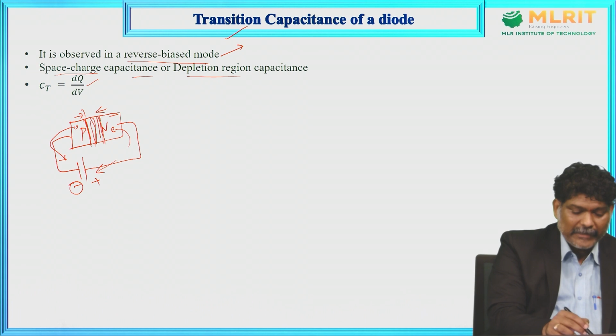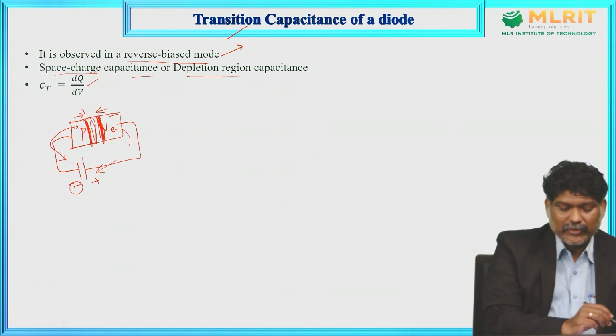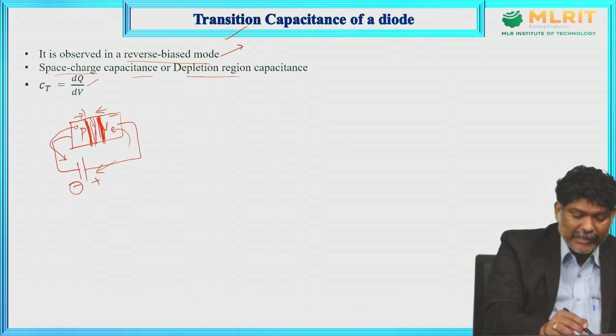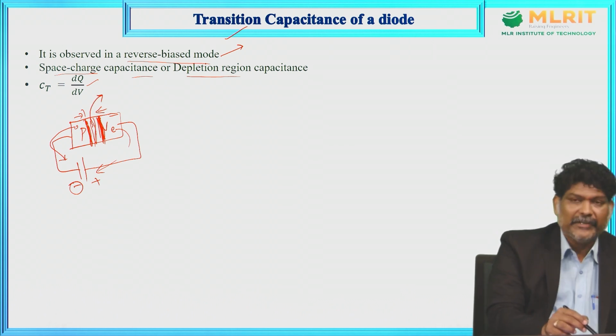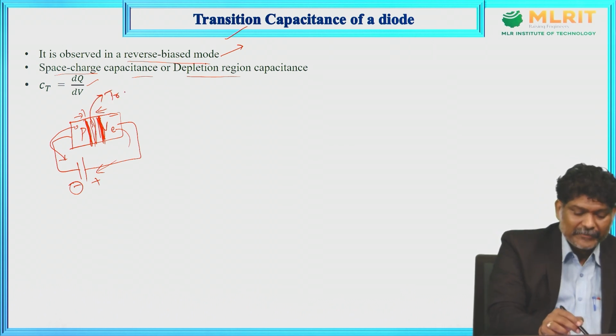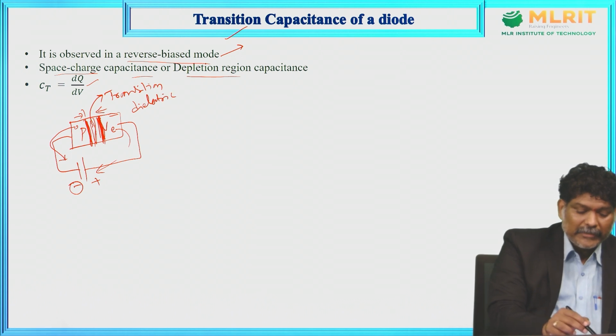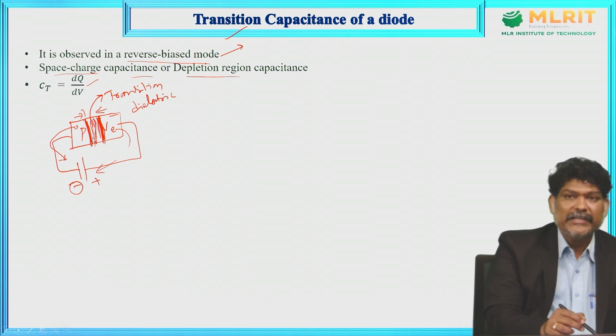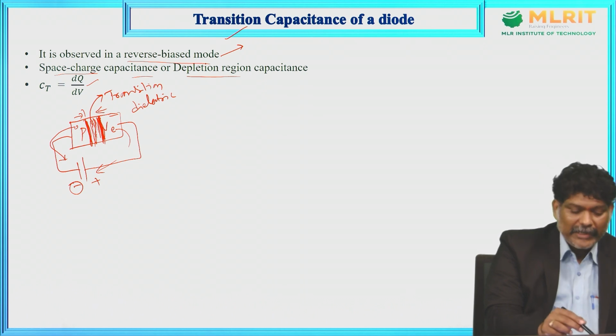The P type material and N type material act as the conducting plates of a capacitor, and in between there is a depletion region or transition region. The transition region can be viewed as a dielectric material, because this depletion region won't allow current to flow through it, so it can act as an insulator or dielectric material.